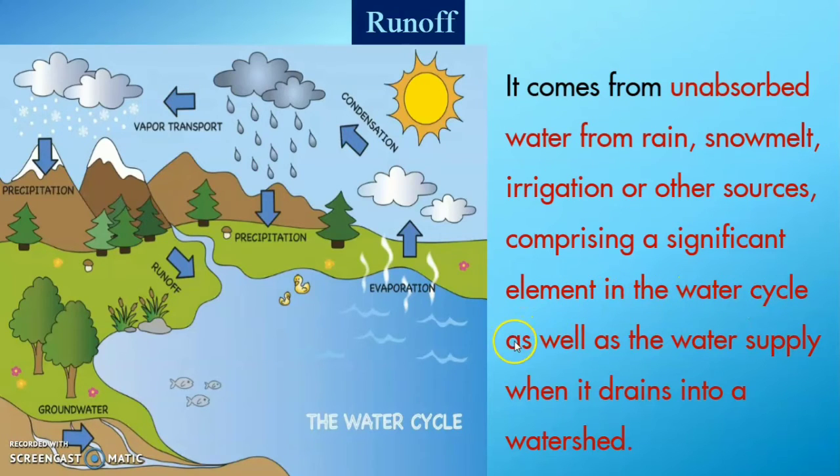So children, runoff water comes from unabsorbed water from rain, snowmelt, irrigation and other sources. Children, runoff water also takes place when water gets drained from a watershed into any stream, river, lake, etc. Is it clear?